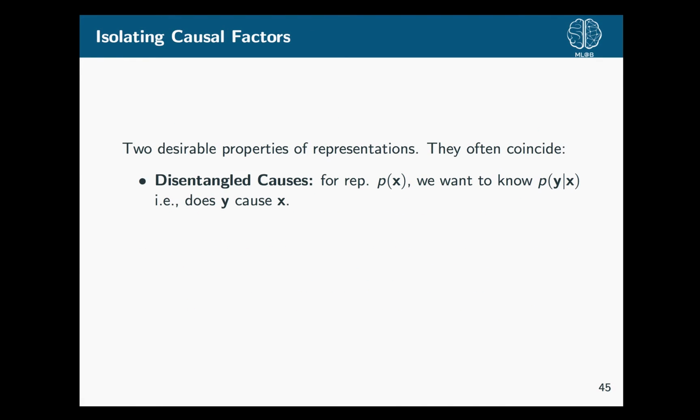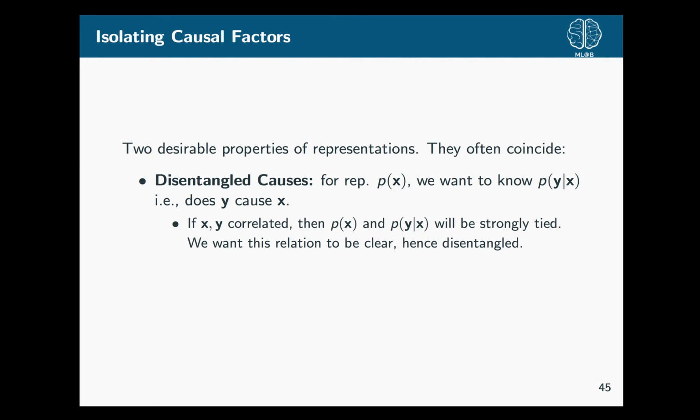So with representations, what you usually want is for the label to actually influence your representation. The fact that the label is a cat should influence your representation to reflect that, right?